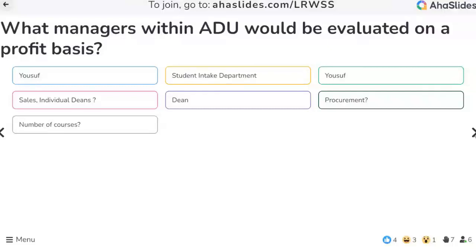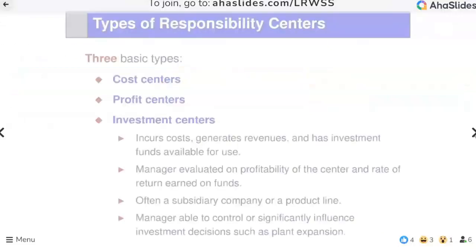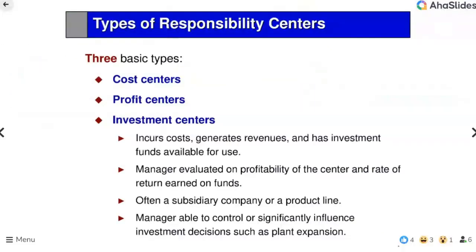All right, now the third one, which I wouldn't expect you to know, is an investment center. The manager here is responsible not only for controlling costs and generating profits, but also for the investment that is made in the area of their responsibility.